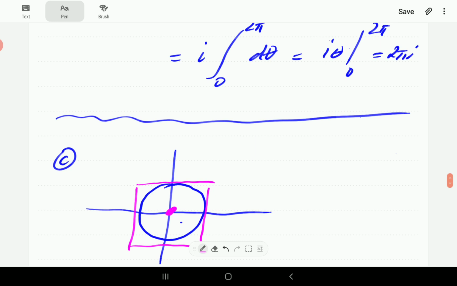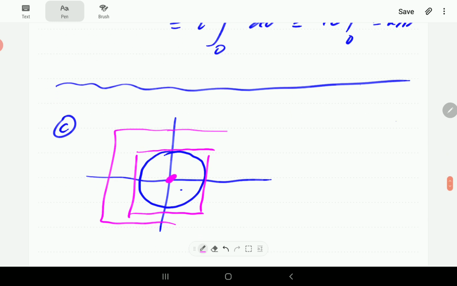So it could be this, it could be a bigger square, it could be a bigger circle, so long as it's simple closed and it contains the same singularity.